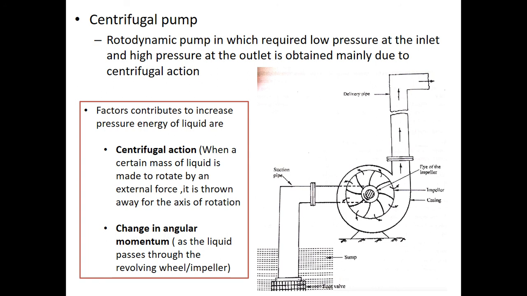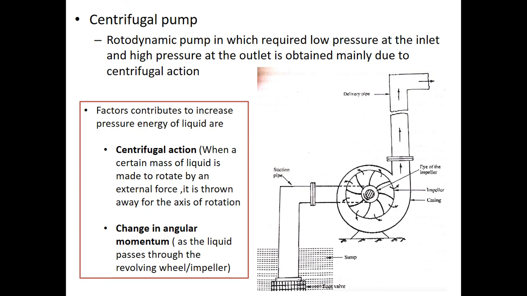What do you mean by an impeller? It's a wheel or a rotor which is provided with a number of curved blades, also known as vanes. Blades or vanes are the nomenclature imposed on it. This impeller is mounted on a shaft which is coupled to an electric motor.